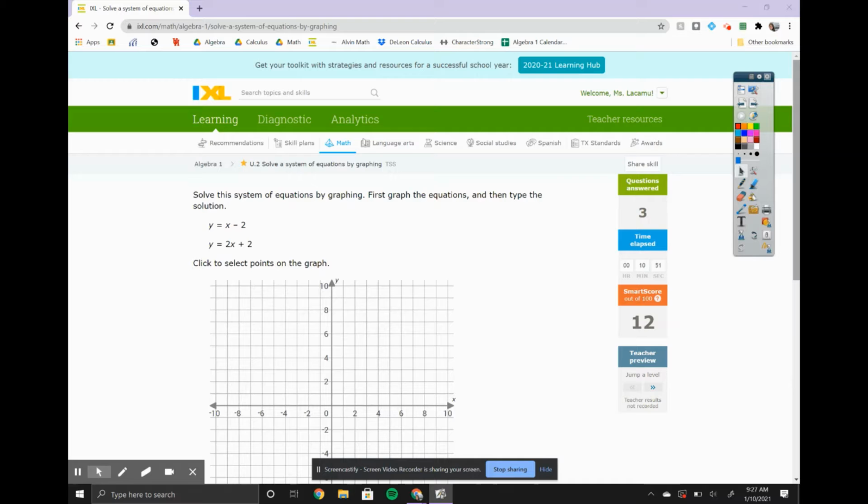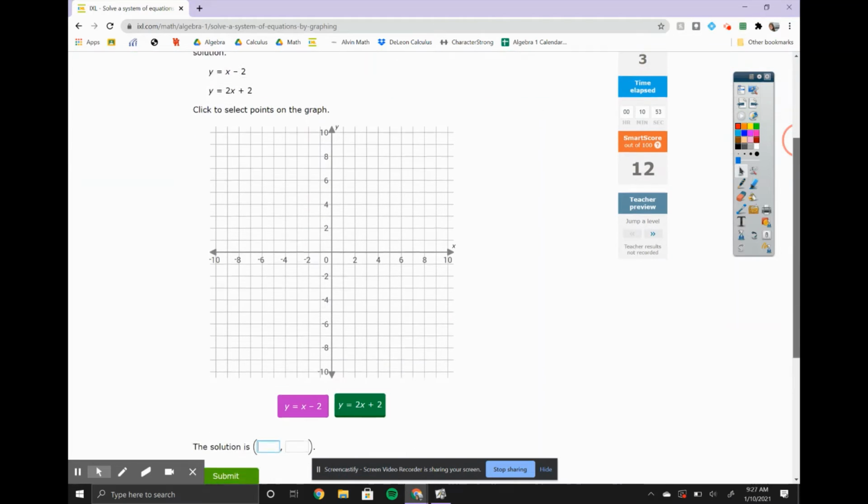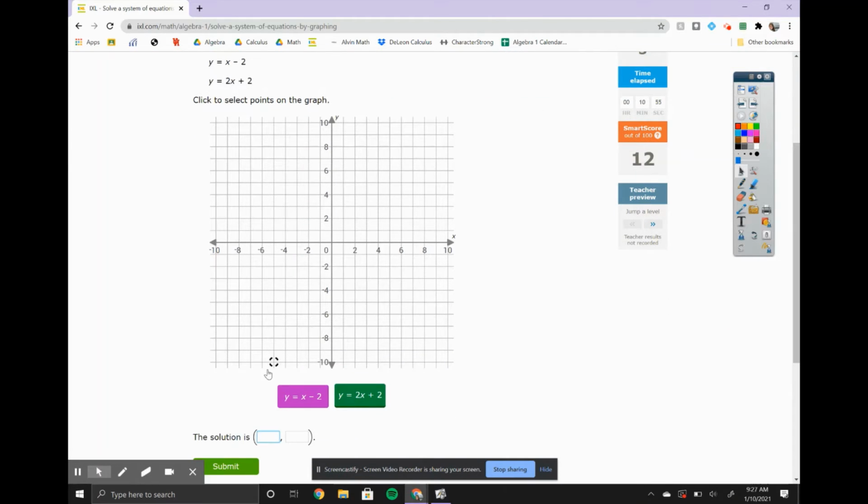All right, next one. We're going to do the same thing. So I'm going to start with the purple one. That means I click purple first. And my y-intercept is going to be at a -2. So right here we can see it's -2. That tells us it's -2 for the intercept. So I go to my y-axis and I click -2.